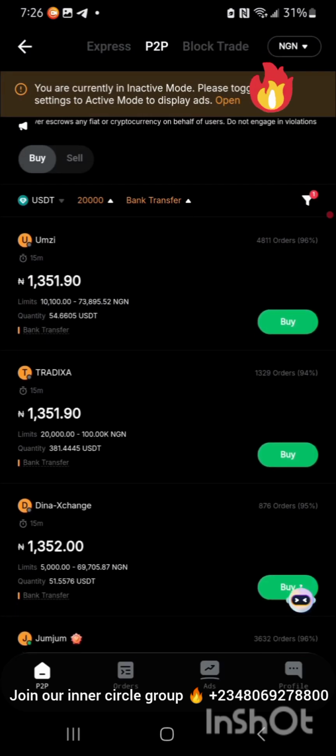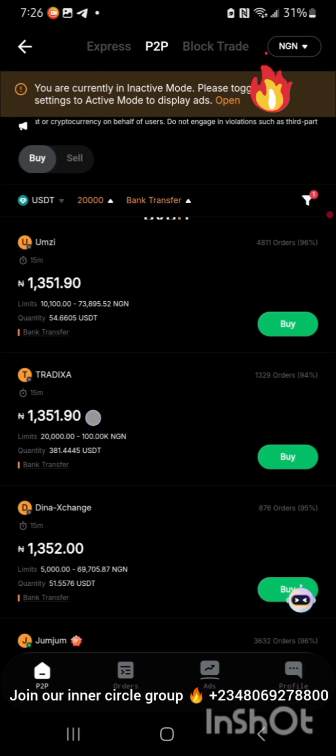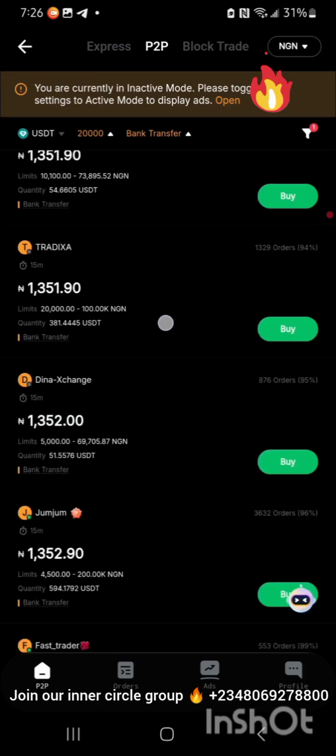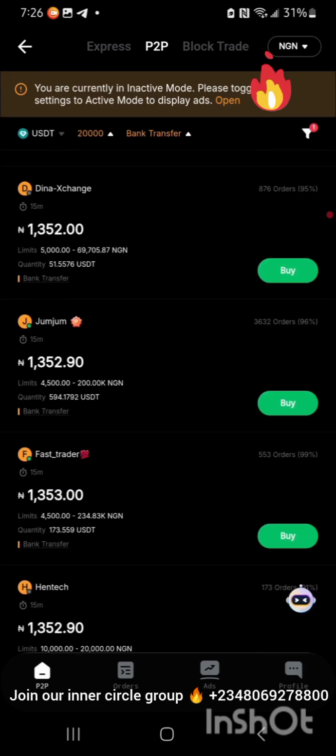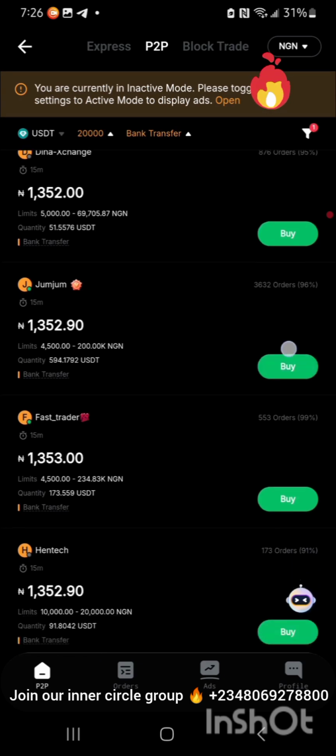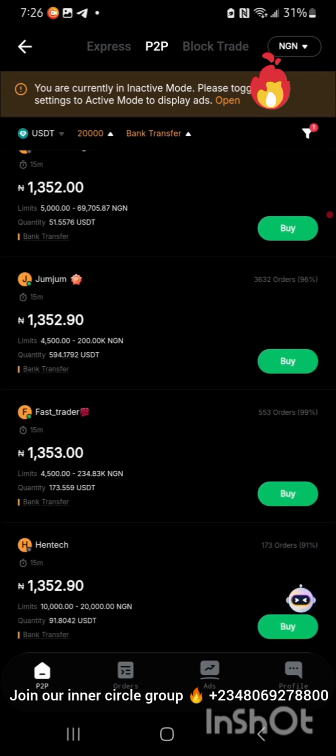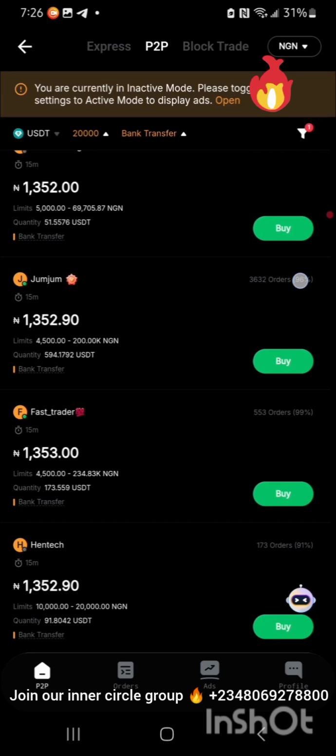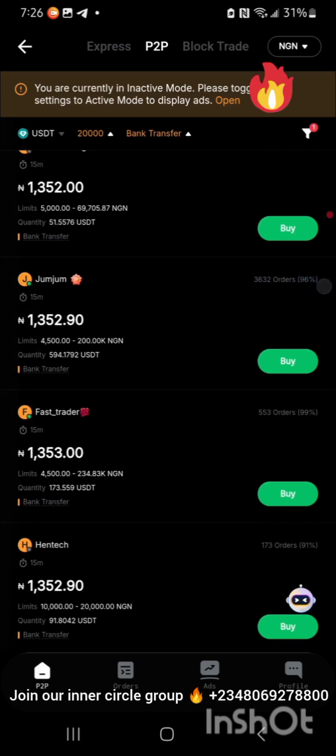As you can see, with bank transfer, you should buy the fiat currency at about 1,352. Make sure you're buying from people that have a very good rating. I do not trade with people below 90 rating, because I want to trade with people that are competent.